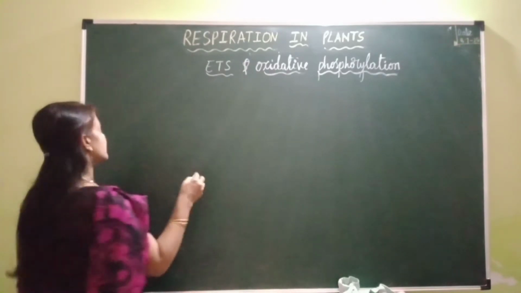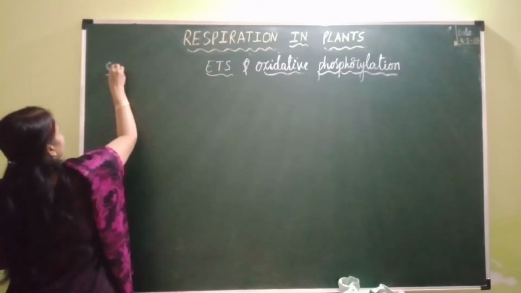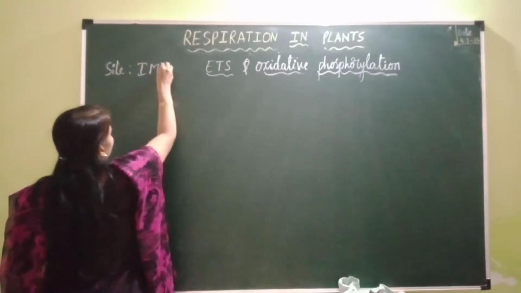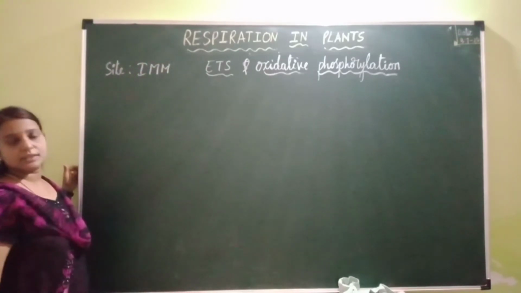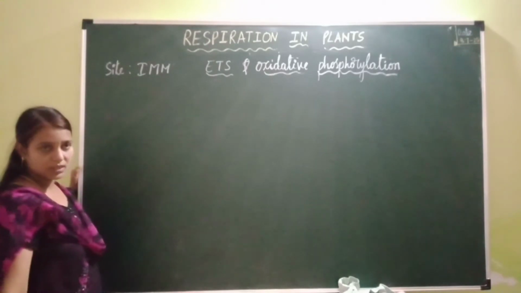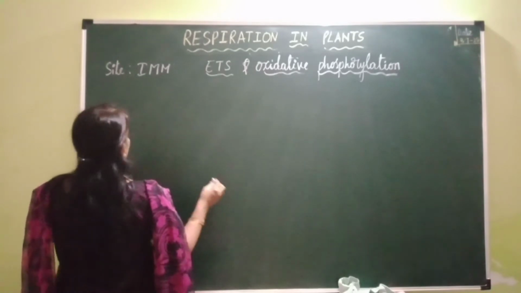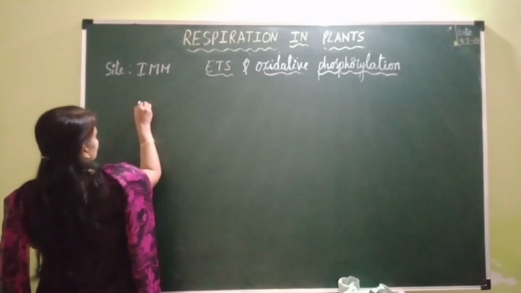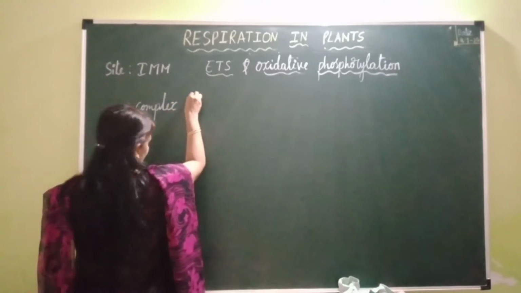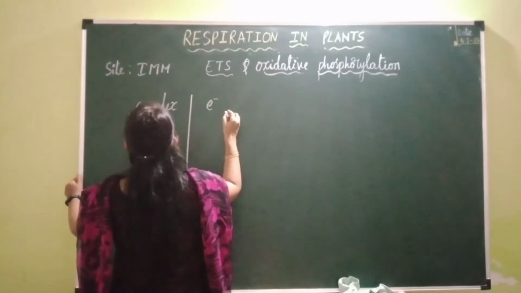So the site of this ETS is the inner mitochondrial membrane. On this inner mitochondrial membrane, 5 complexes are associated, which are involved in ETS and oxidative phosphorylation. Okay, let's see those complexes. So this is the complex, and these are electron carriers.